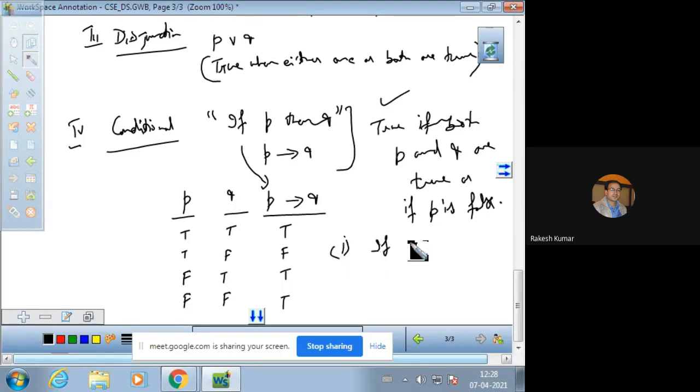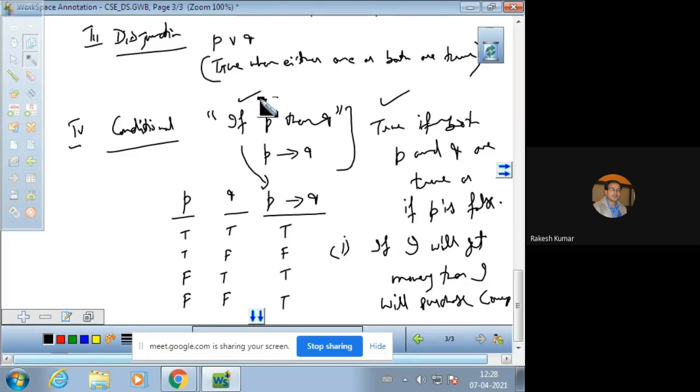If I will get money, then I will purchase computer. So it is clear. If then statement is involved here.